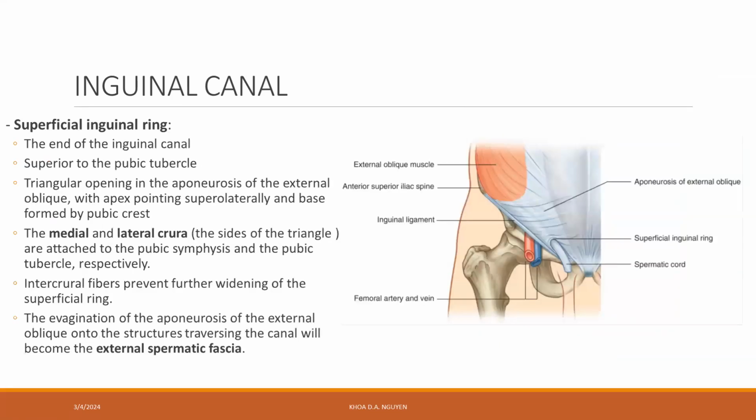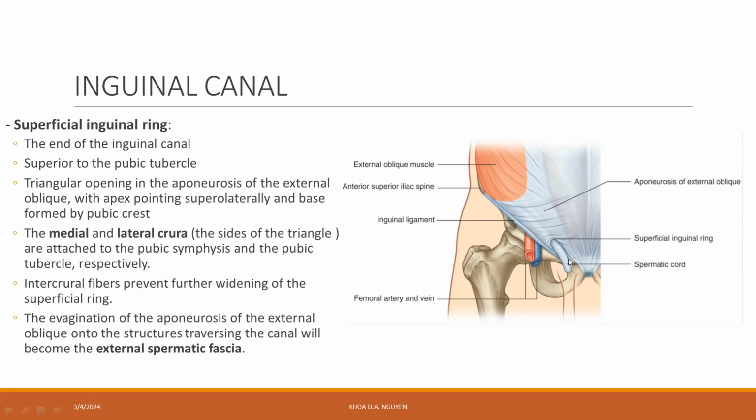Okay, so now let's talk about the superficial inguinal ring. The superficial inguinal ring is this structure right here that is right superior to the pubic tubercle. It is formed by a triangular opening in the aponeurosis of the external oblique, with the apex pointing superior-laterally and the base formed by the pubic crest, this structure down here.